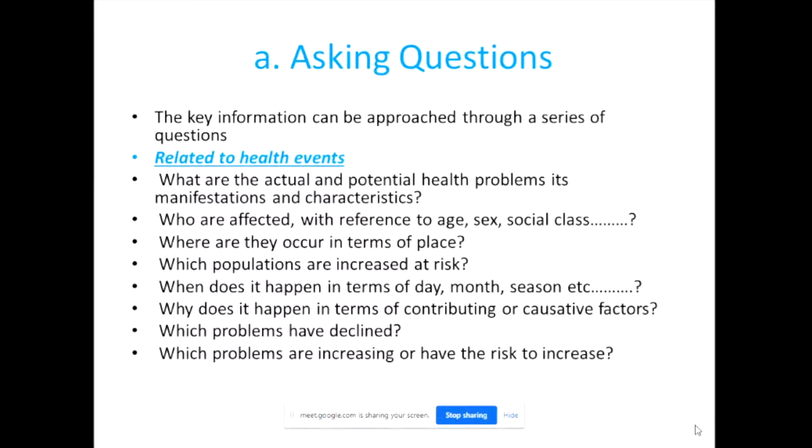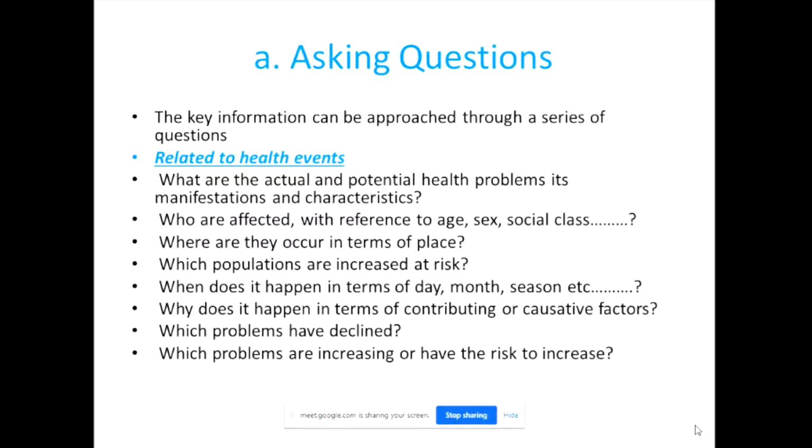Which populations are at increased risk? Is it young age, old age at high risk of caries? When does it happen in terms of day, month, season? Here we can say age if we are talking about dental caries. And why does it happen in terms of contributing or causative factors? And which problems have declined? And which problems are increasing or have the risk to increase?